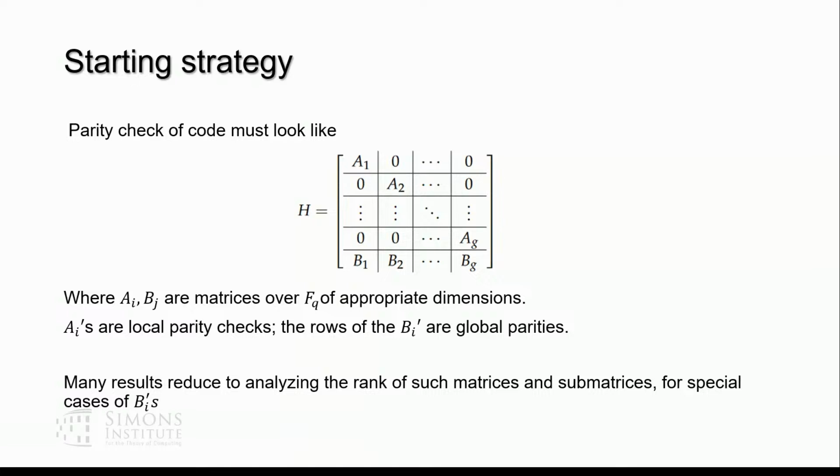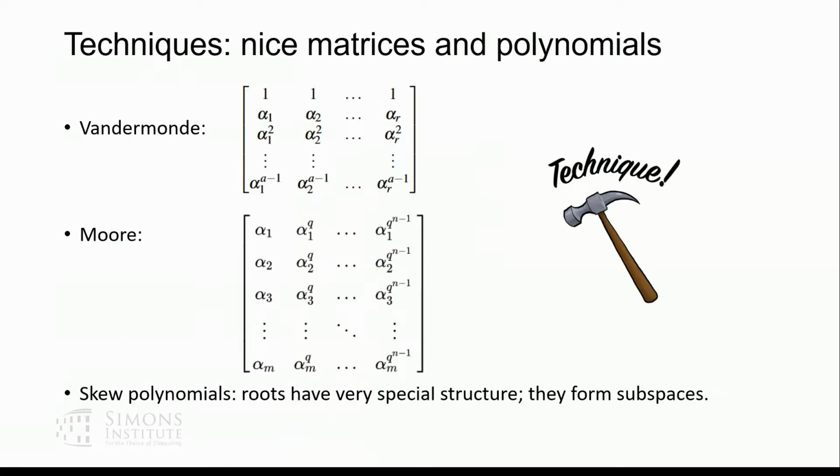In particular, some of the matrices that appear again and again in these papers are matrices that look like Vandermonde, which are nice because their determinant is non-zero if the alpha_i's are distinct.